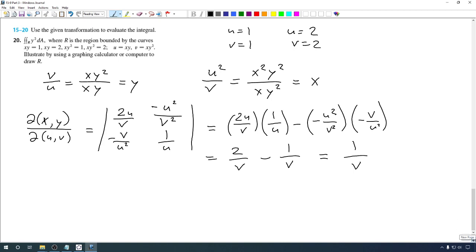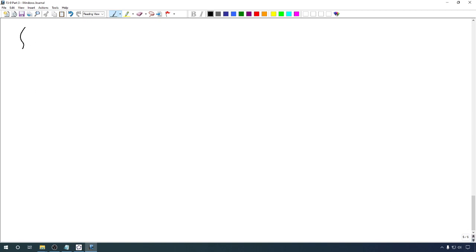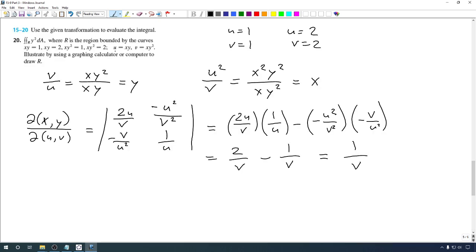We get to go ahead and do our integration. Remember here we're going to have to replace the y in the y squared. Going to use this v over u. So the integral over R of y squared dA is the integral, remember, our u and v are both going from 1 to 2.